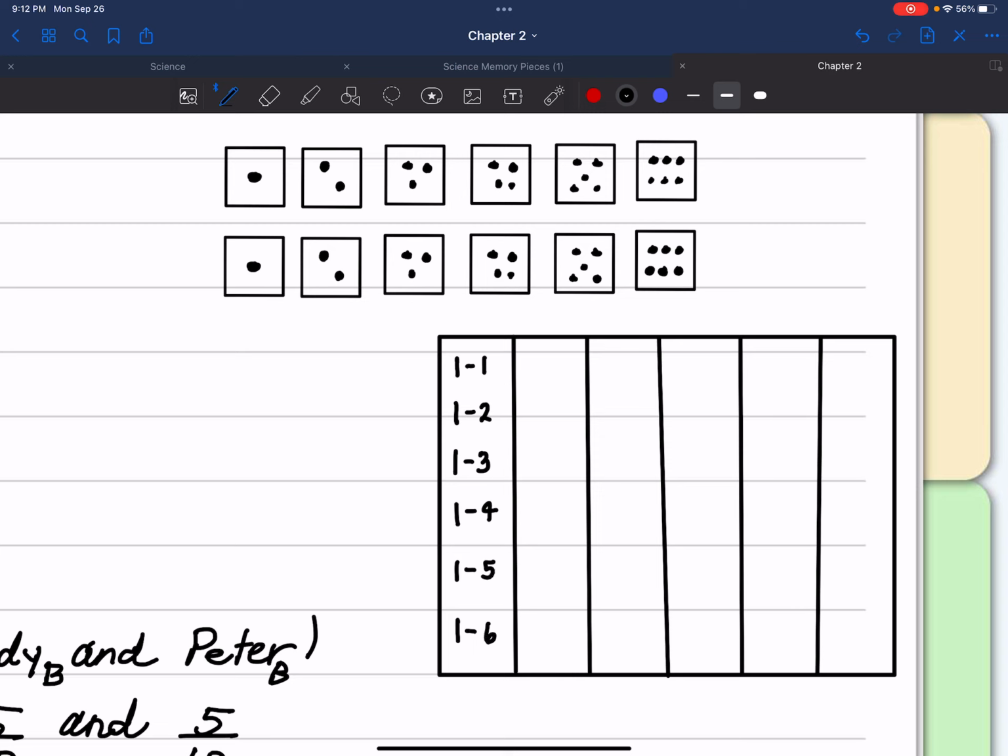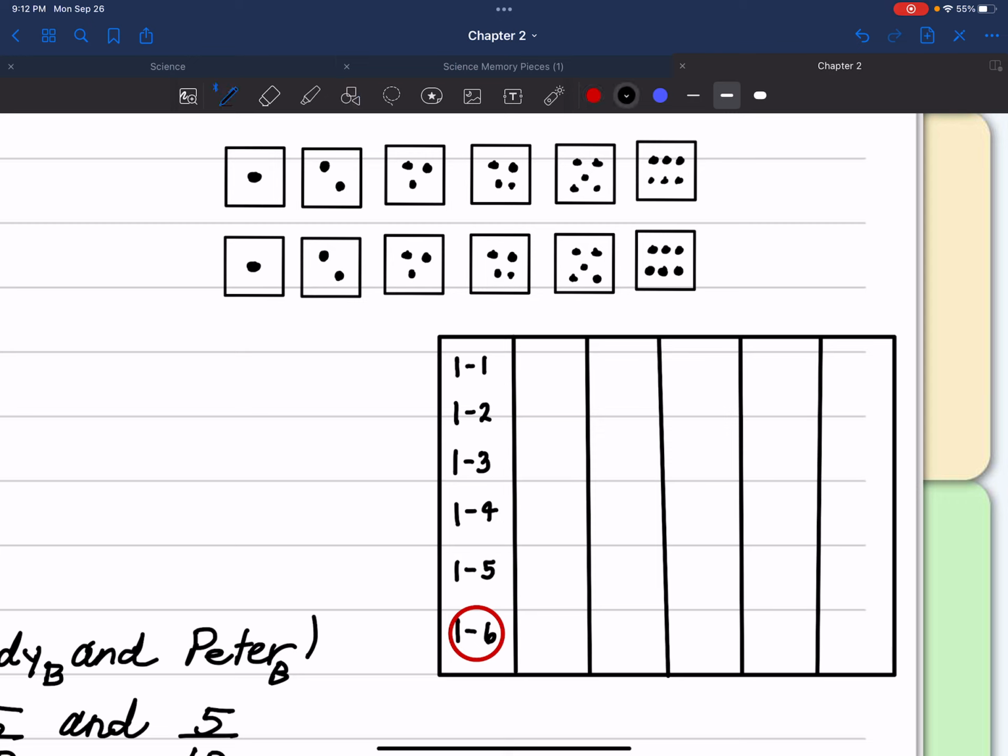So, for example, if you look at 1, 1, I would have a 1 on the first one and a 1 on the second one. Or I could have a 1 on the first one and a 2 on the second one. Or a 1 and a 3, and so on. So of those, do we have any that add up to 7? Well, yes, we do. We have 1 right there.